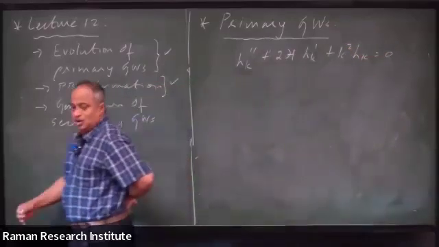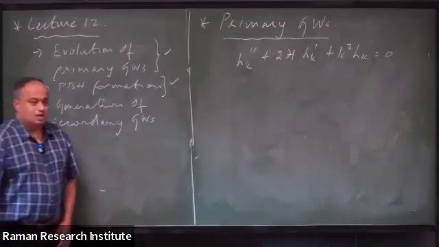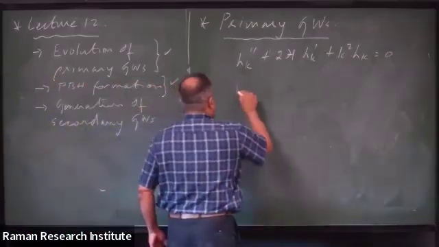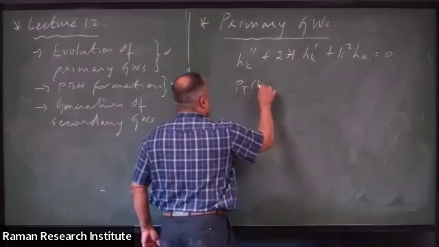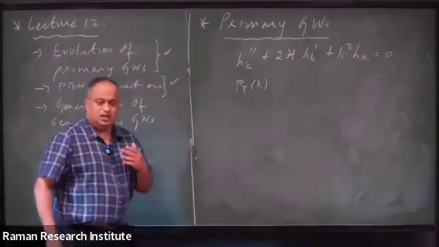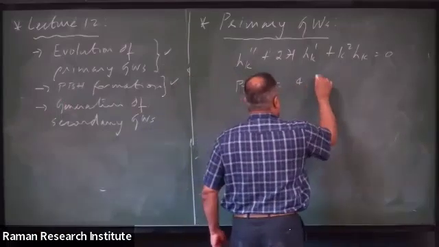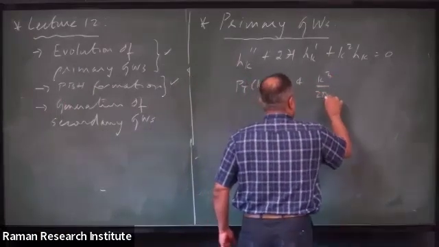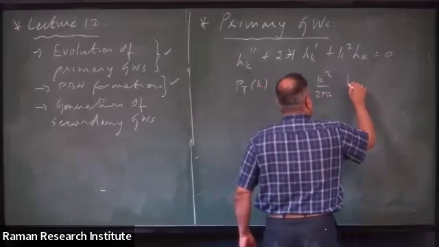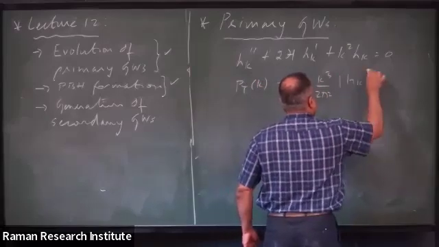We are interested in a mode of the gravitational wave. If you recall, we have defined the primordial power spectrum, that is the tensor power spectrum generated at the end of inflation, to be 4 k cubed by 2 pi squared into mod h_k squared.